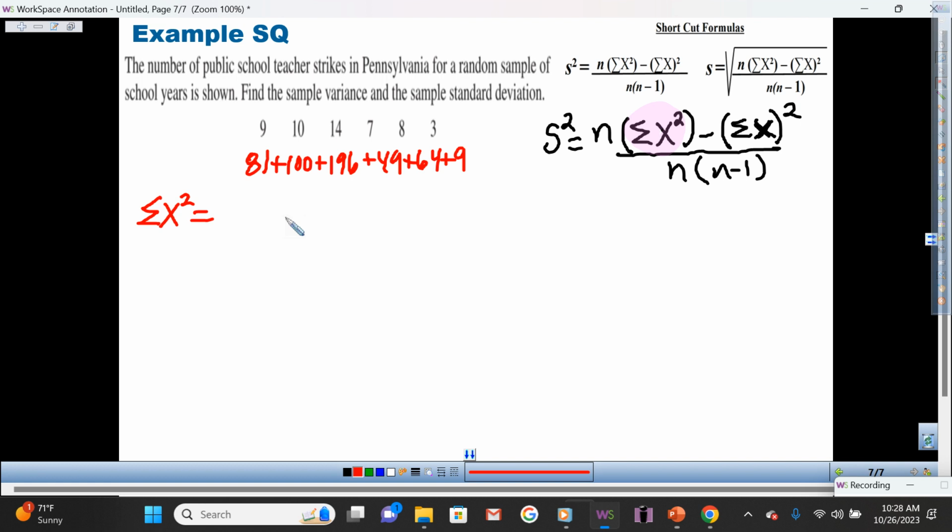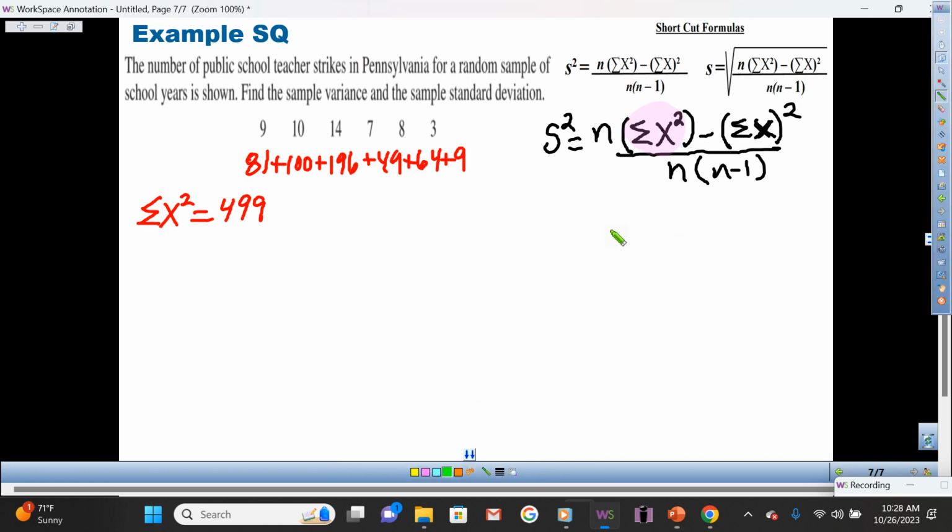Calculators calculate. Stay focused. 499. Hands that got 499? All right, that is correct, 499. So we're done with that part.